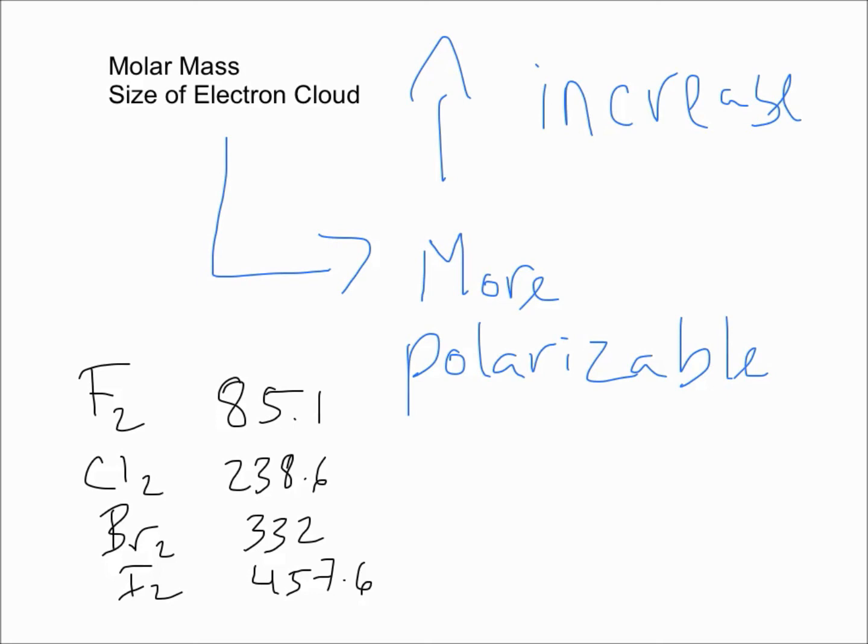So this was just to show you that non-polar molecules can still have a very high boiling point. Like chlorine has a higher boiling point than water, even though water is polar and chlorine is non-polar. So you have to take into account intermolecular forces, and in that case molar mass and the size of the electron cloud.